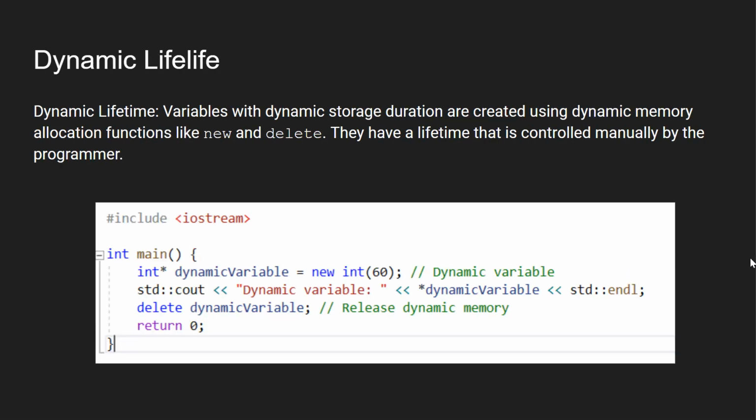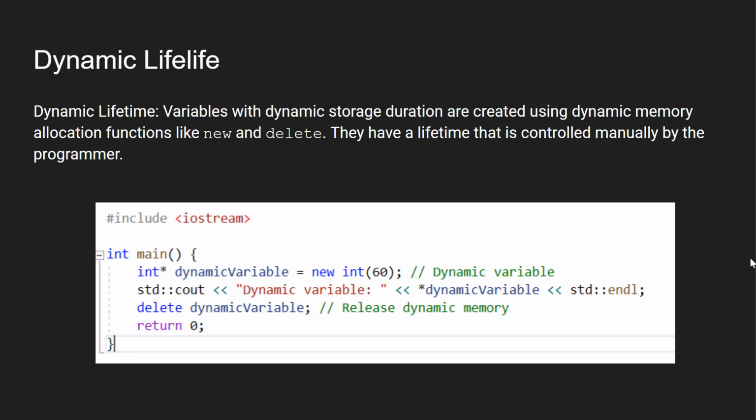And finally, we have dynamic lifetimes. Dynamic lifetime variables utilize the new and delete keywords. They have a lifetime which is managed manually by the programmer by using the new and delete keywords.